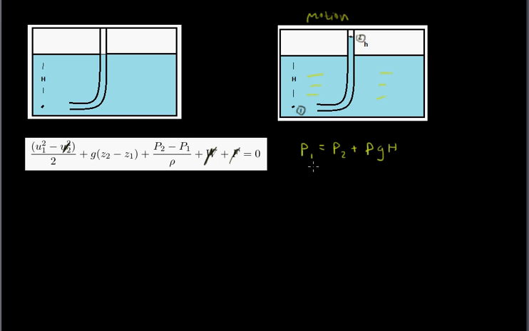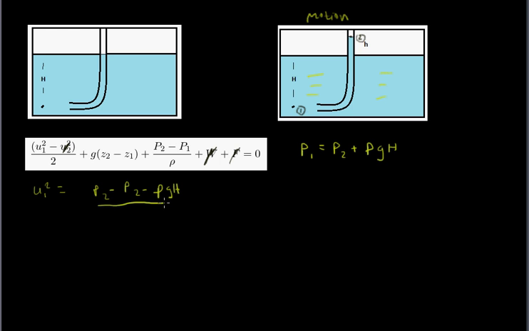So that's going to be what our pressure 1 is, and then we're just going to start plugging stuff in. So we have that U1 squared. I'm going to do some algebra right now. So we're going to get P2 minus, and then I'm going to plug P1 in, which is P2 minus rho GH.